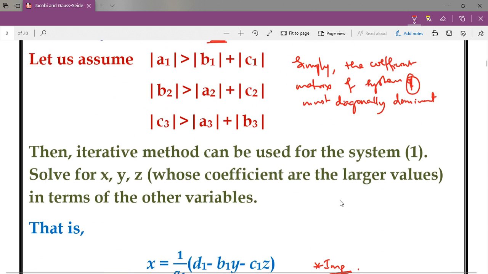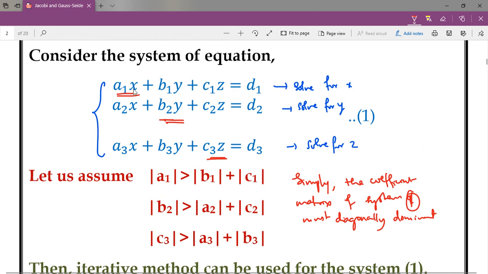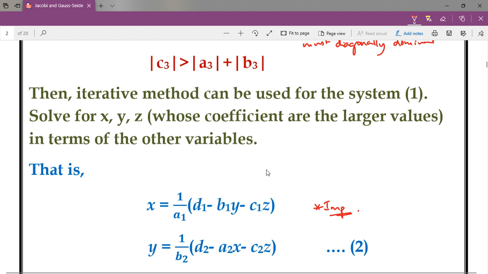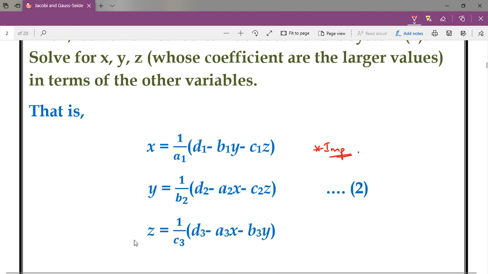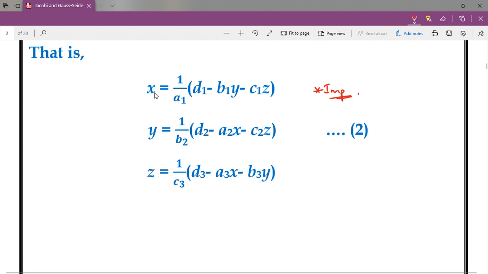For that, in the first equation we solve for x, in the second equation solve for y, in the third equation solve for z. Then we get the system of equations in terms of x, y, z like this. Now we start the iteration process with this step.